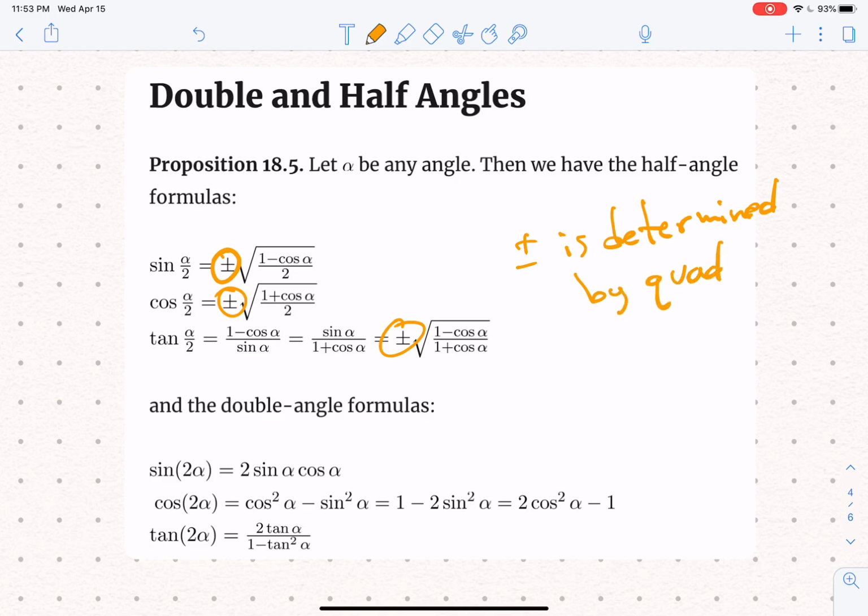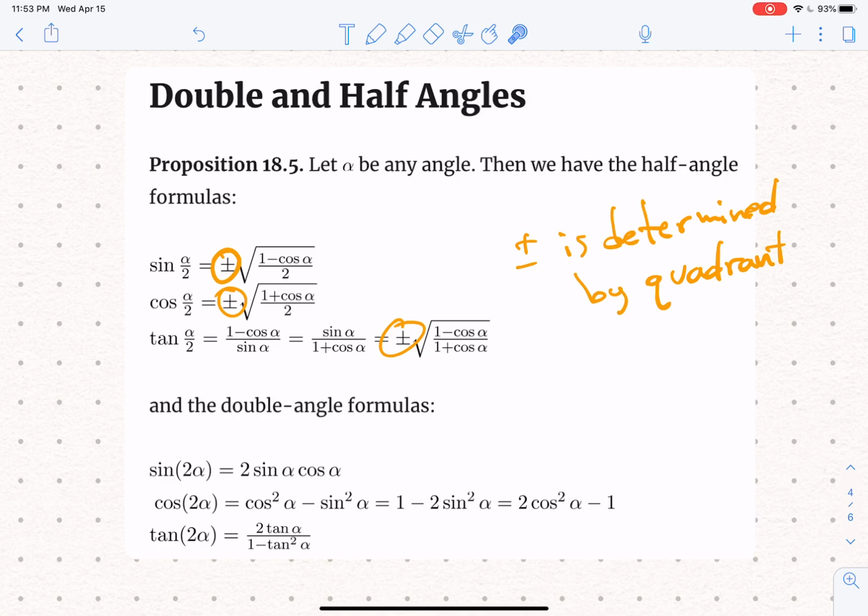So when you come to the end of one of these calculations, you're going to end up with an answer that has a plus minus something, and your answer is just going to be one of those, either plus or minus, and you're going to figure that out by looking at this angle alpha over 2, figuring out which quadrant it's in, and then using the quadrant to determine whether it should be positive or negative. Okay, so that's the strategy.